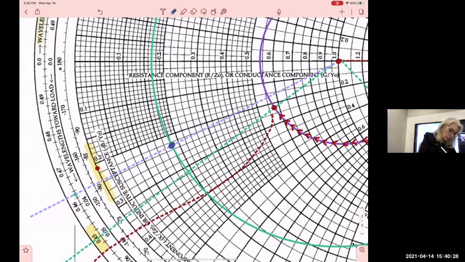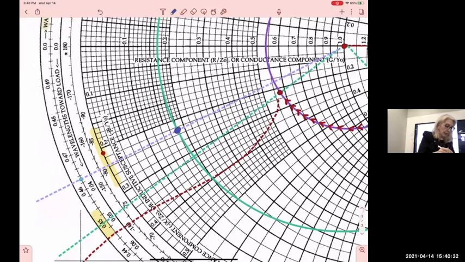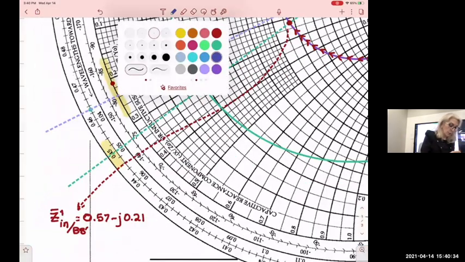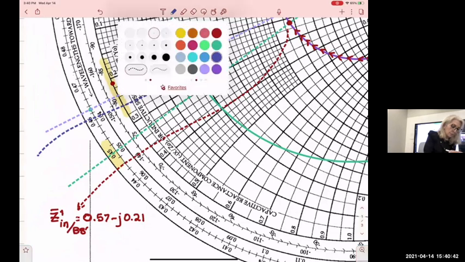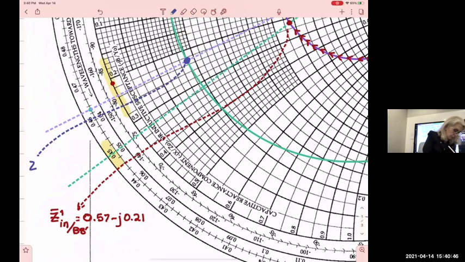That point, as a matter of fact, is going to be this other input impedance, and is going to be Z in 2, normalized obviously, at BB prime, and I will have to read it.